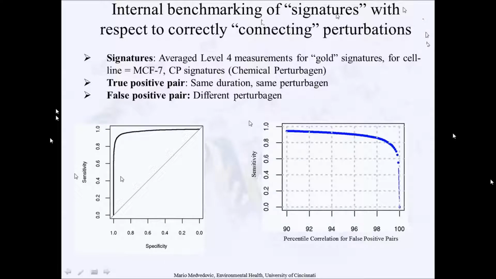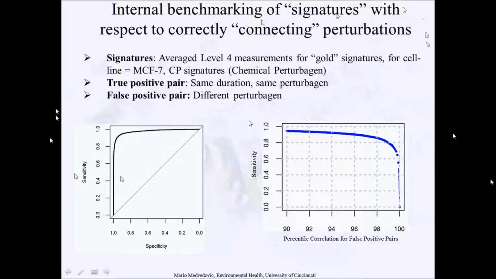Hi, Mario. This is Chanan from Avis Lab. I just want to ask you a quick question about the correlation between the pairs. So what's the correlation level between two true positive pairs again versus the correlation between two false positive pairs, and how much is the difference between these two? That's a good question. Do we have this somewhere close by?